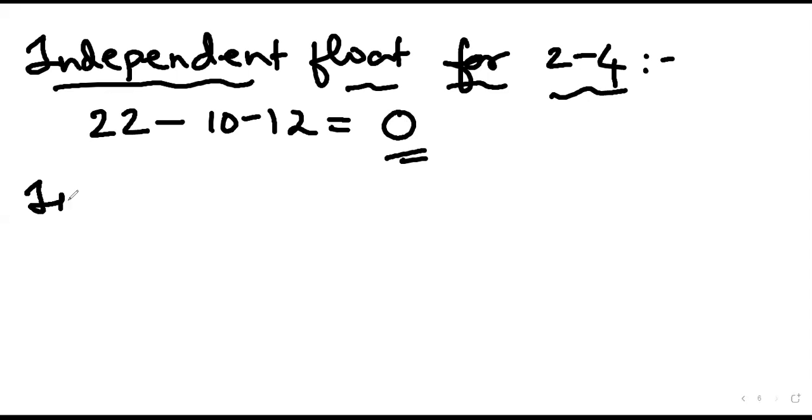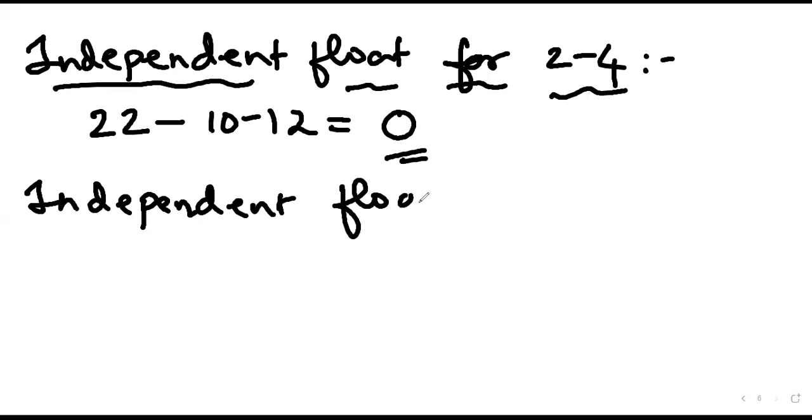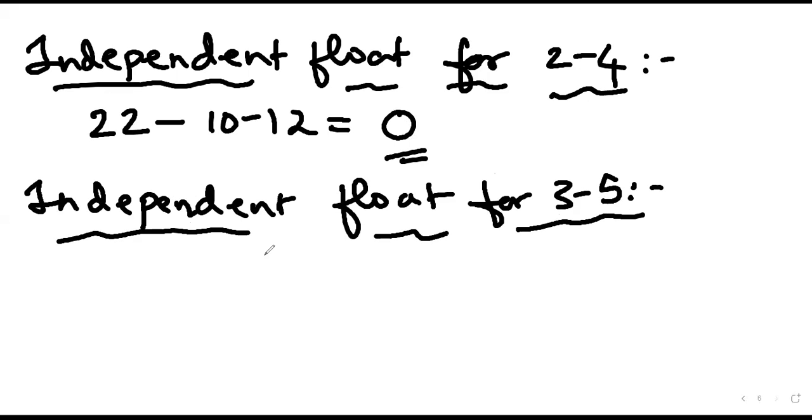Next, independent float for 3-5. How much? 33 minus 28 minus 5. Answer will be 0.